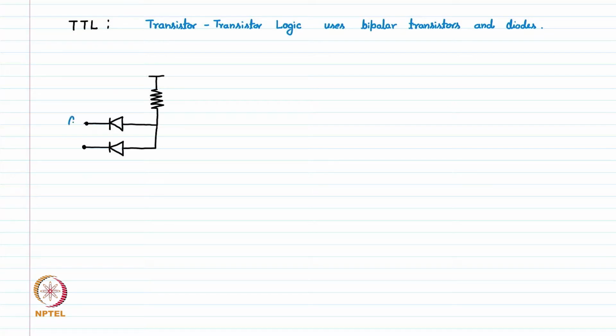This is input A and this is input B, and we have this terminal as the output.